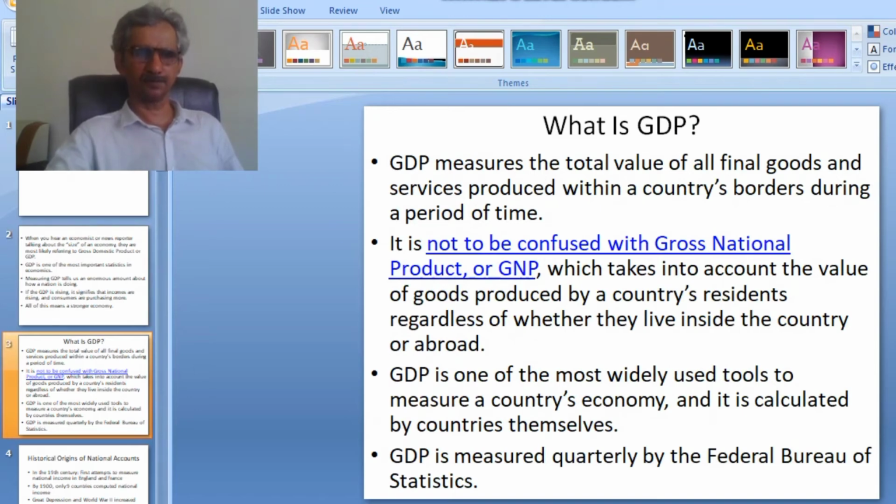So let's start the discussion of the GDP. The GDP measures the total value of all final goods and services produced within a country's borders during a period of time. To understand what the gross domestic product is, you need to understand a few things.